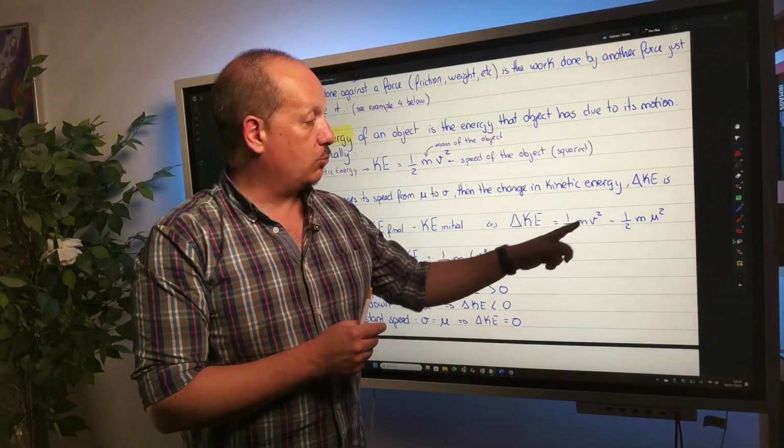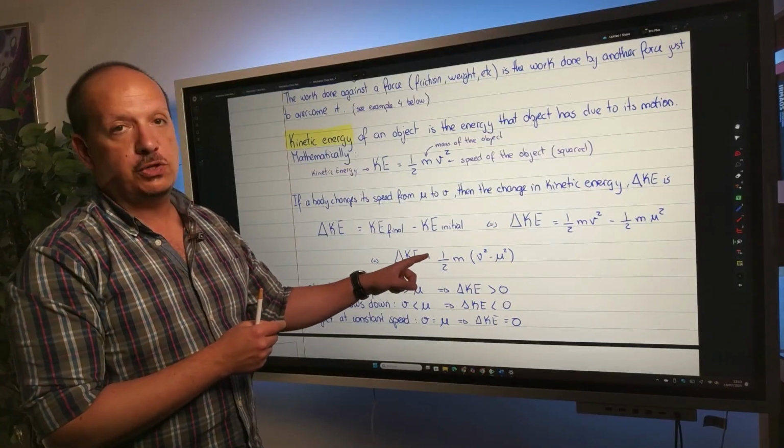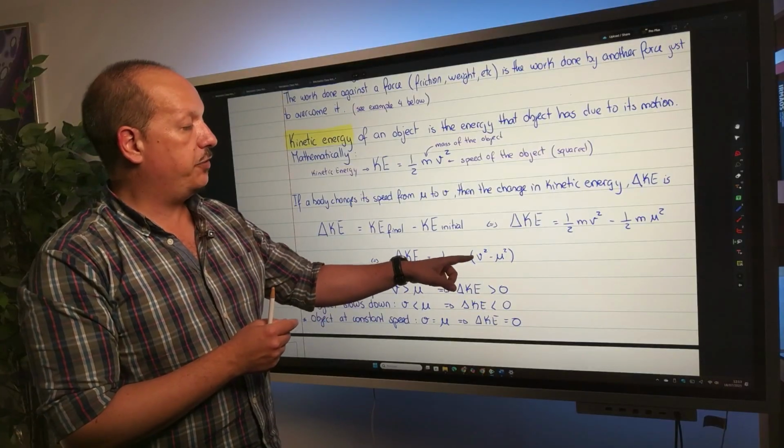We can factorize 1/2 m, the mass doesn't change. So the change in kinetic energy is just going to be equal to 1/2 m times v squared minus u squared.